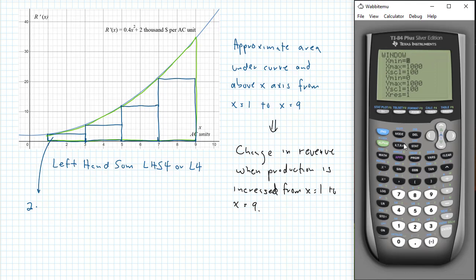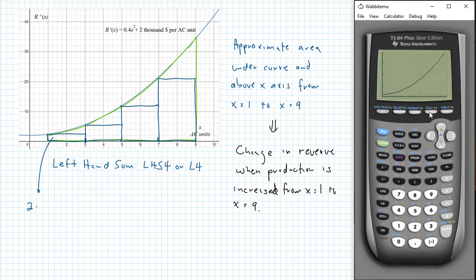Put it in the same window here, so from 0 to 10, increments of 1, and then 0 to 40 in increments of 10. And I should see pretty much the same picture.